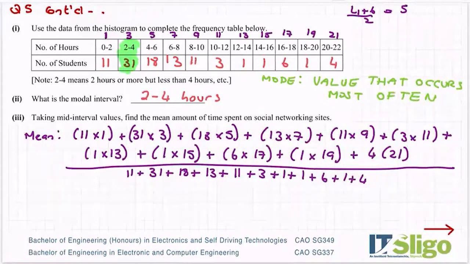Okay, so let's put that into our calculator. So you can see now that's not the easiest to get into the calculator. So 31 by 3 plus 18 by 5 plus, and just keep battering your way through it.